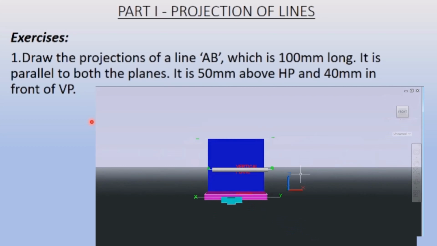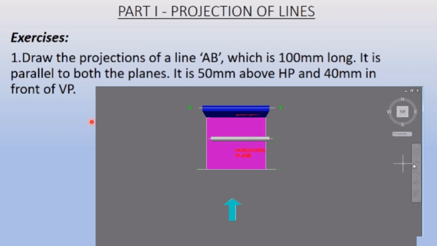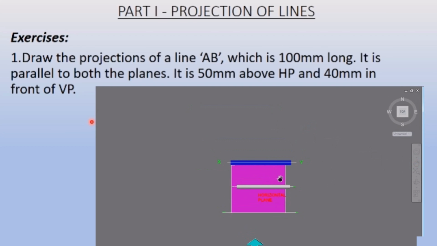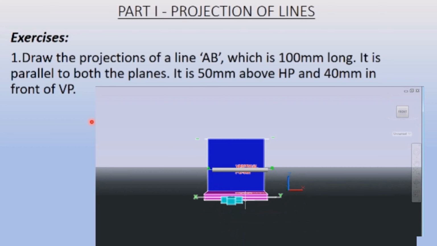As you can see in the front view, this is a straight line which is parallel to the XY line, because it's parallel obviously. And in the top view you can see that this is the XY line and the line is again parallel to the vertical plane, and it is 40 mm in front of it. So we will take this distance as 40, and it is 50 mm above HP.